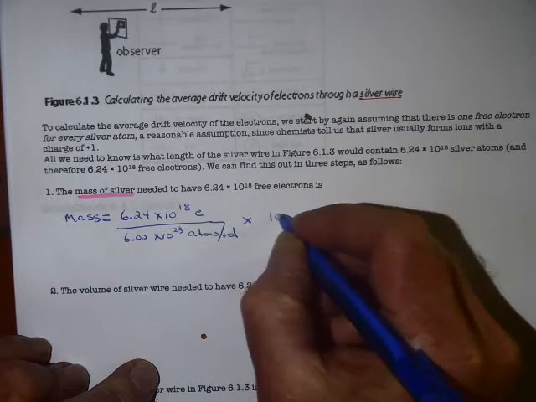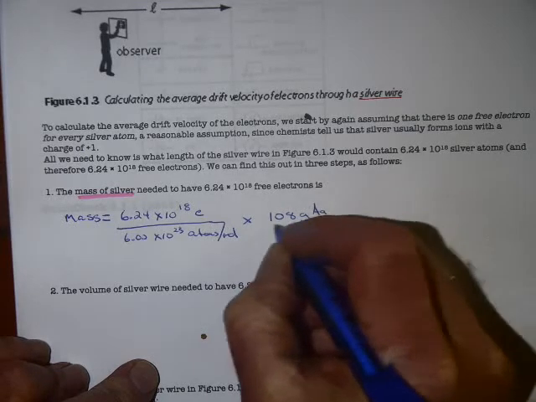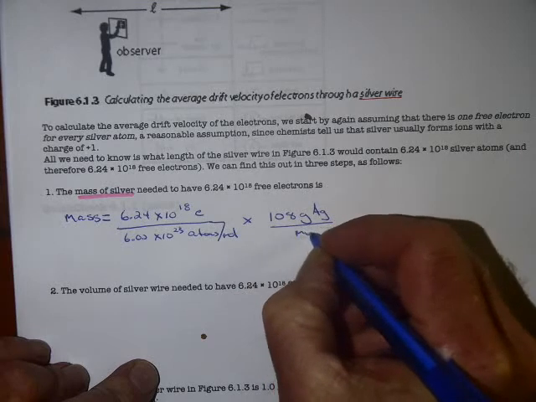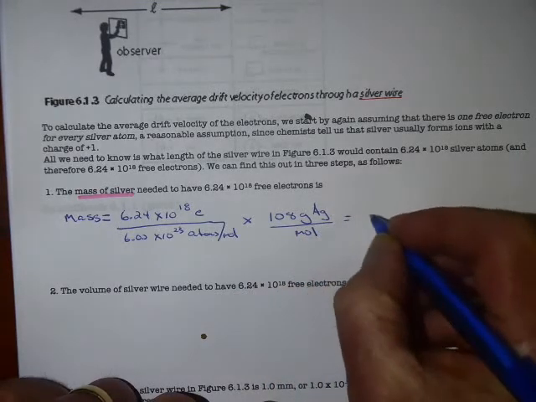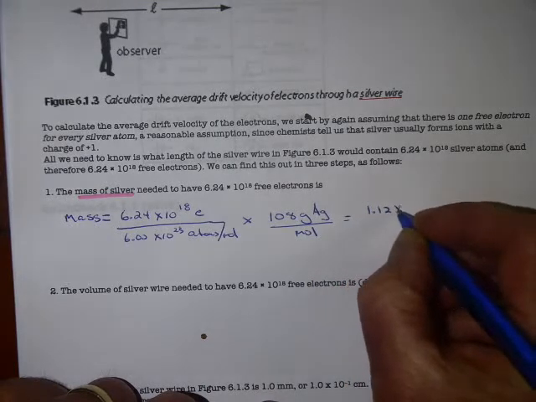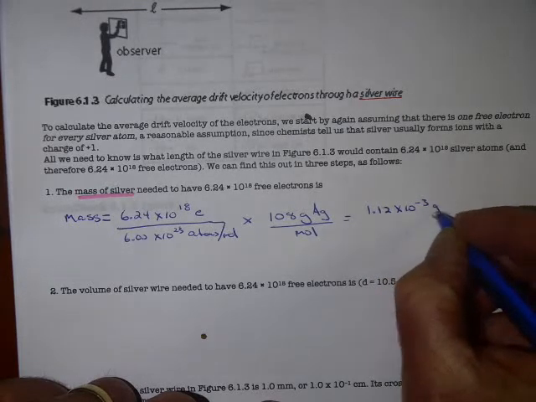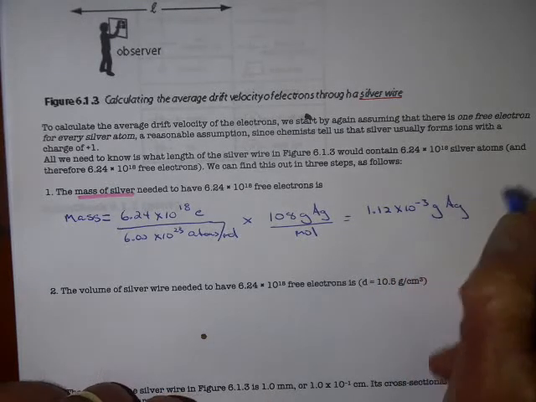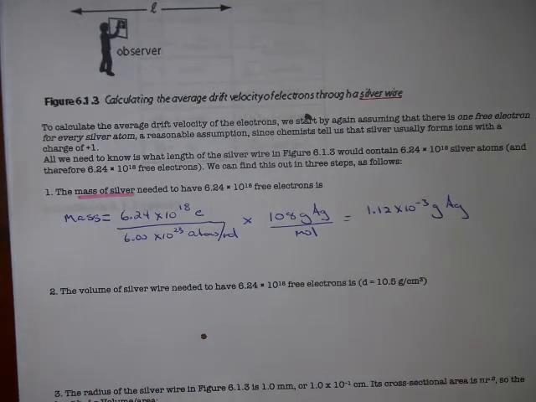So 108 grams of silver per mole, and this is going to give us 1.12 times 10 to the negative 3 grams of silver. Okay? But does that make sense? Okay?